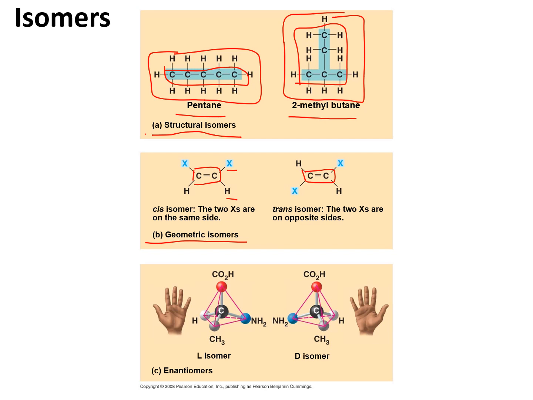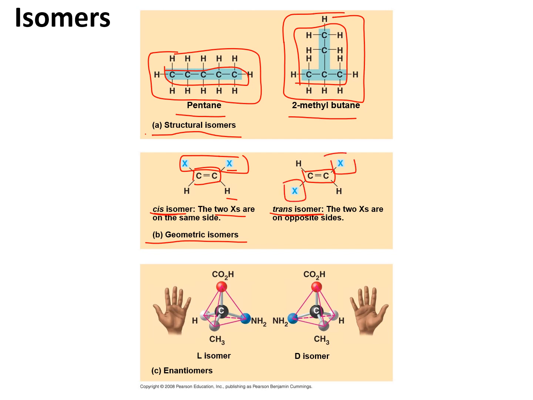Now, when you're talking about these functional groups, the X's represent the functional groups. You can have cis isomers and trans isomers, and that refers to the location of those functional groups. If it's a cis isomer, they're on the same side of the molecule. If it's a trans isomer, they're on opposite sides of the molecule.